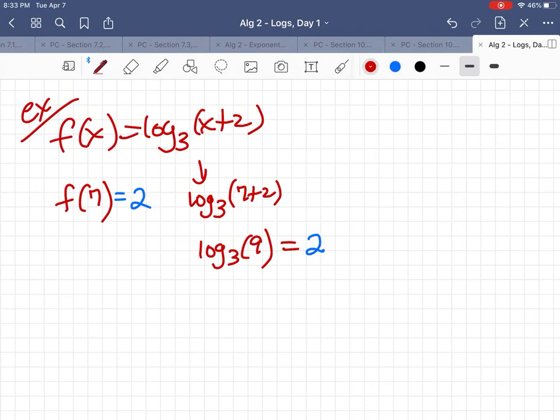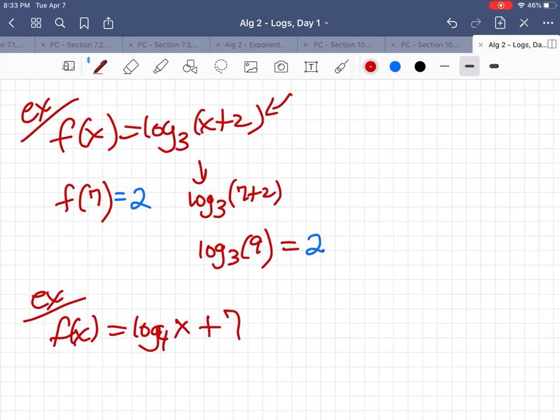All right, and one last problem. Let's say I had f of x equal to log base 4 of x plus 7. Now that plus 7 is outside the problem. It's not with it like it was in the other problem with parentheses. The 7 is after the problem. All right. So my question for us is this: what is f of 64? I'm going to put a 64 right in there. So log base 4 of 64 plus 7.